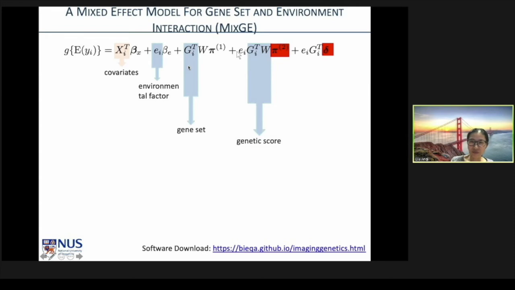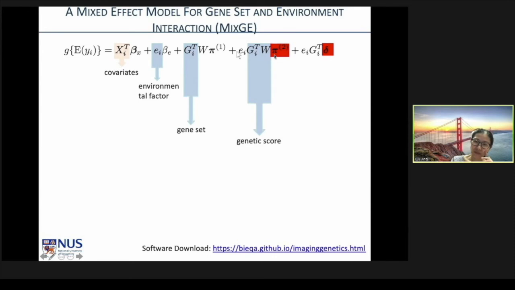In order to look at the interaction between the two, we have the interaction term down here, where E is the environmental factor and G is the gene set. W here is the weight measure for individual SNPs, and you can think of this as adopted from the GWAS study, or maybe it is just related to the relationship between the SNPs down here.